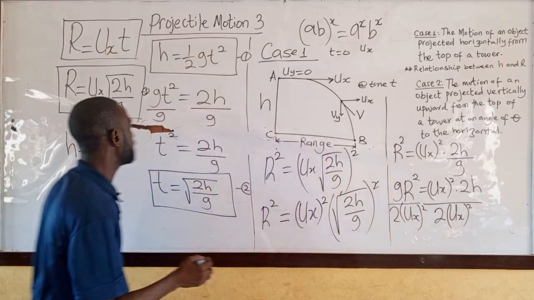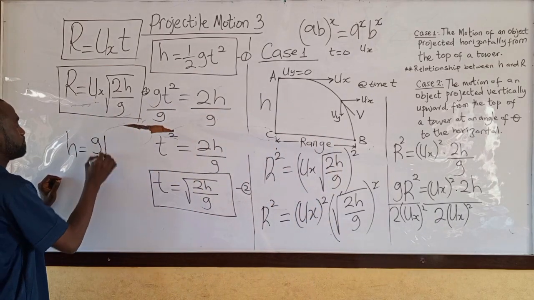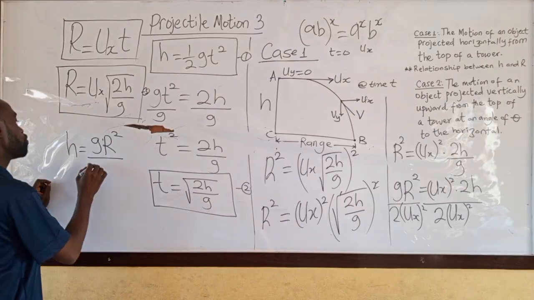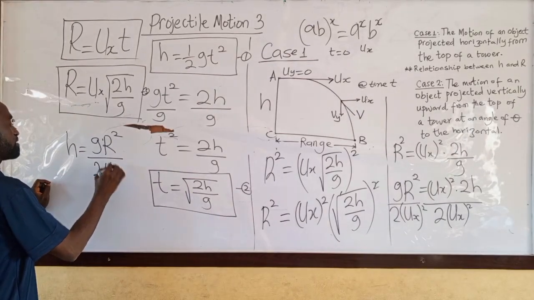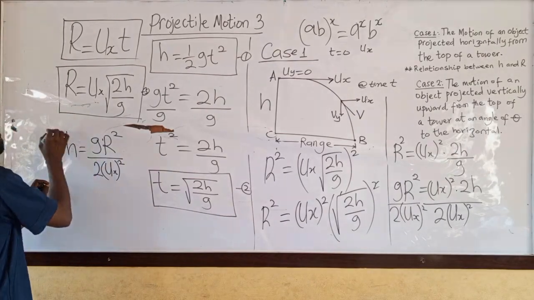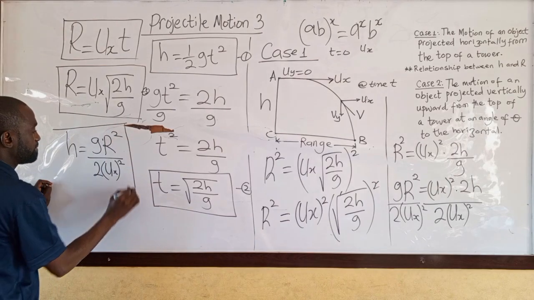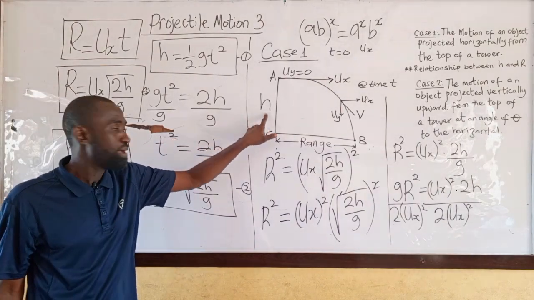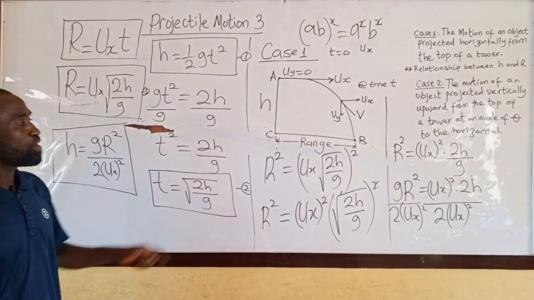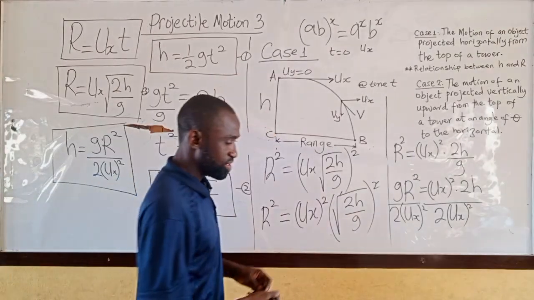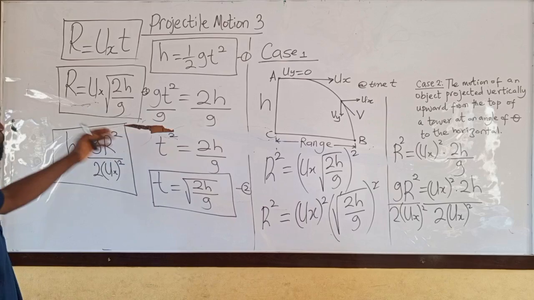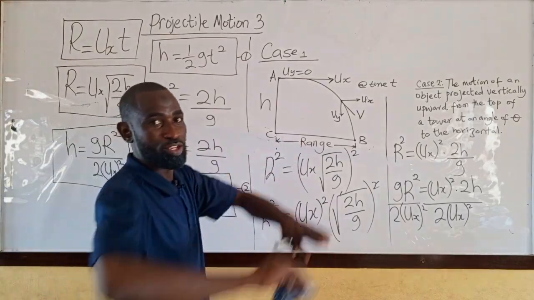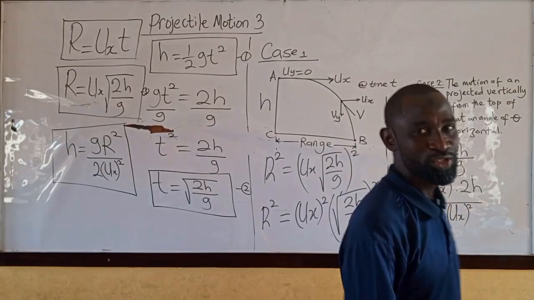So this is a special formula that connects the height of the tower with the horizontal distance covered. We now have all these formulas under case 1. So let us combine all the formulas together.